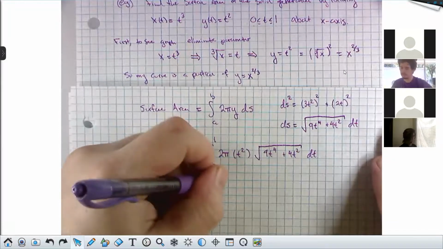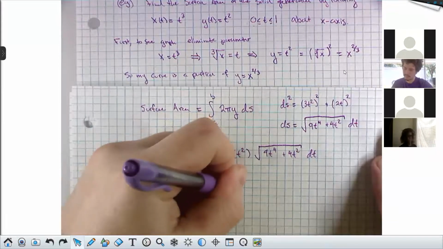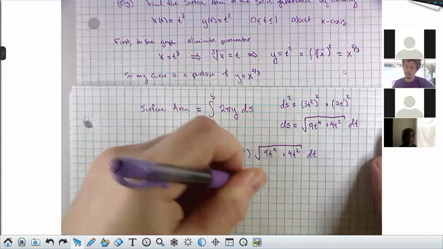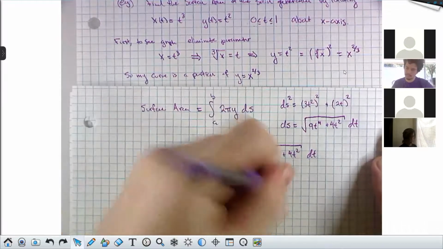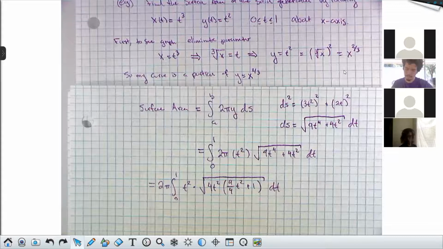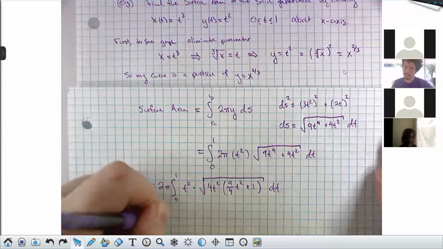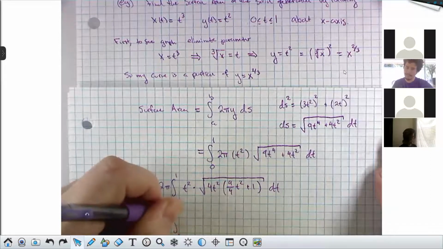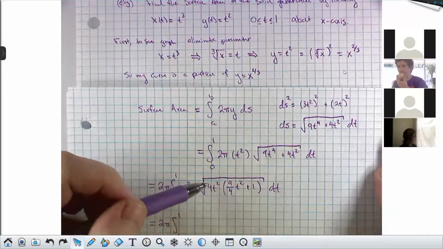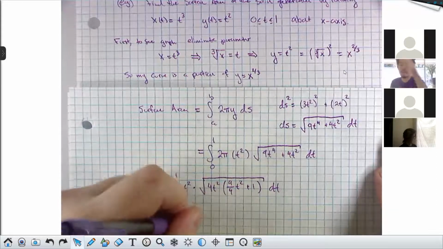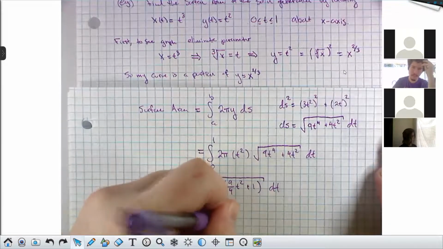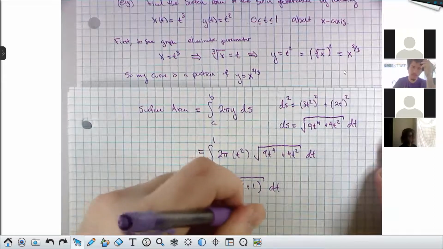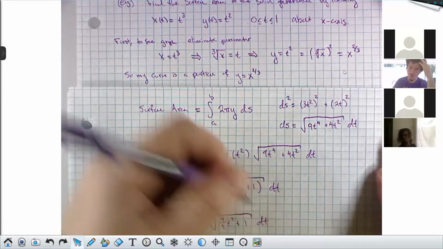And then I'll be left with 9/4 t squared plus 1 dt. I can take the square root of these two pieces separately. And I get 2 pi integral 0 to 1 of t squared times 2t squared, which is 2t to the 4, times the square root of 9/4 t squared plus 1 dt.